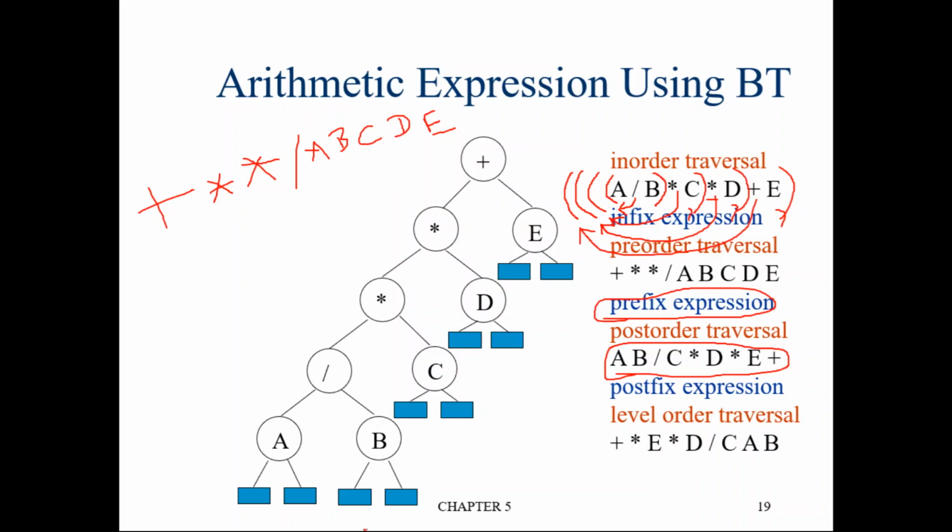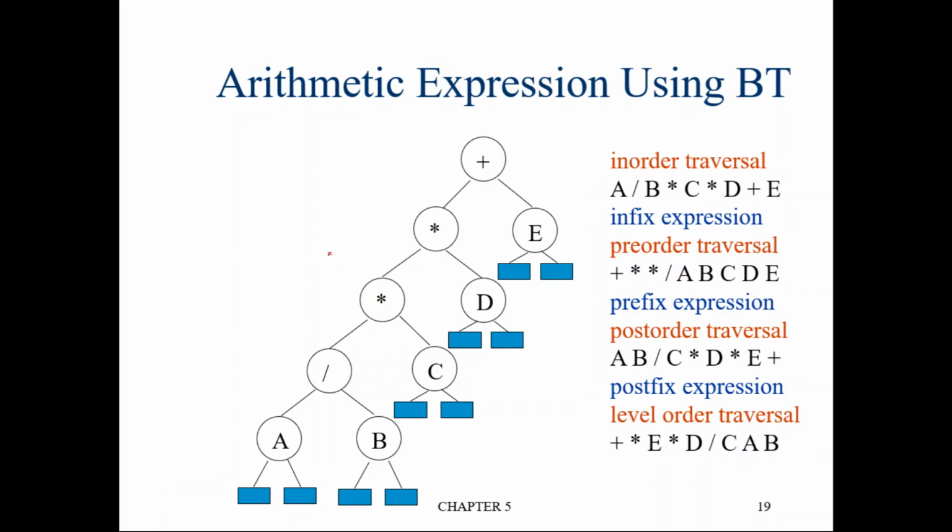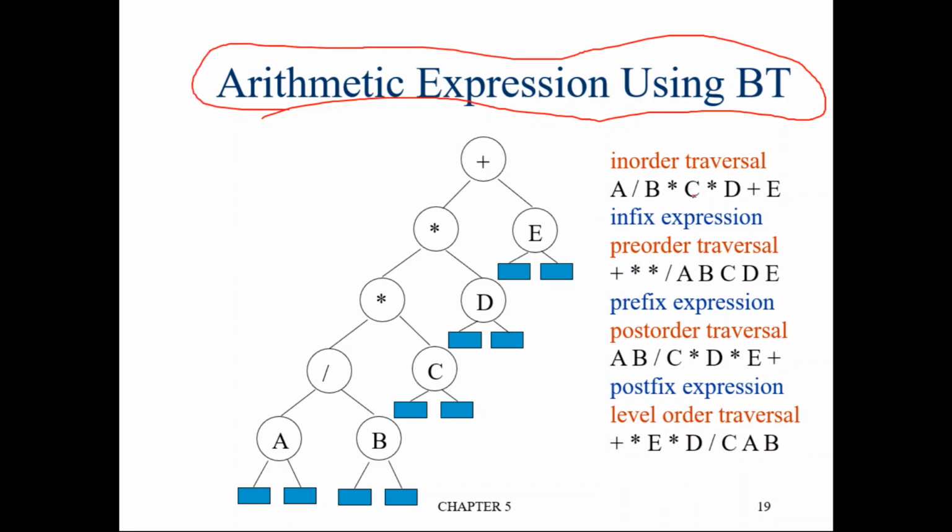Okay, right? So this will happen only if an arithmetic expression is represented through a binary tree. Here you can see the heading. When the arithmetic expression is represented through a binary tree, then if you traverse in order, you will get the actual expression. If you traverse in pre-order, you will get the prefix of that expression.